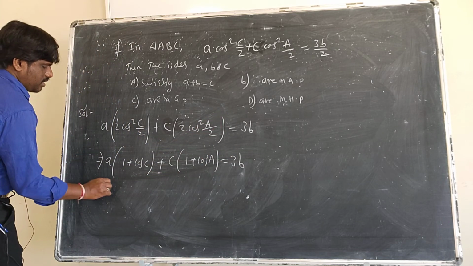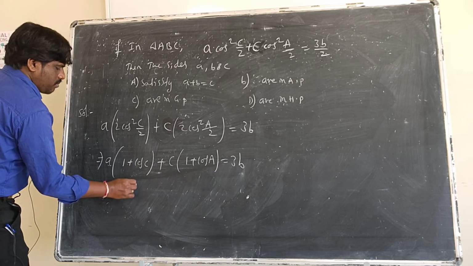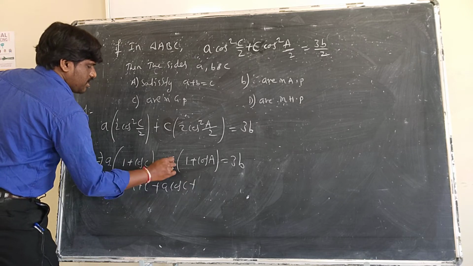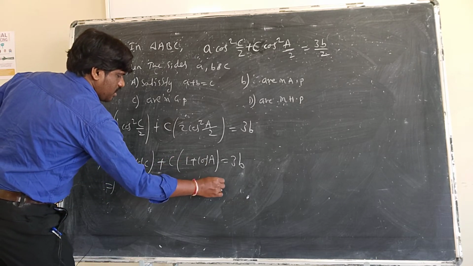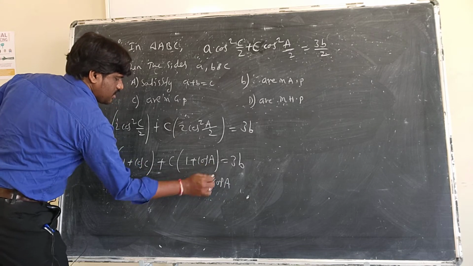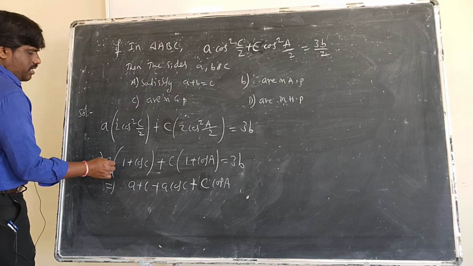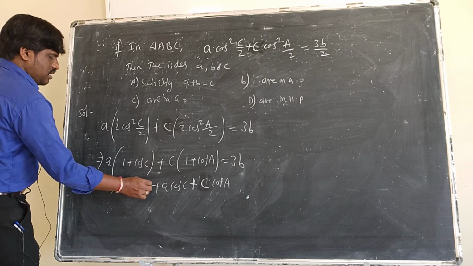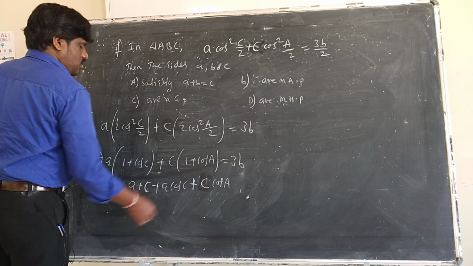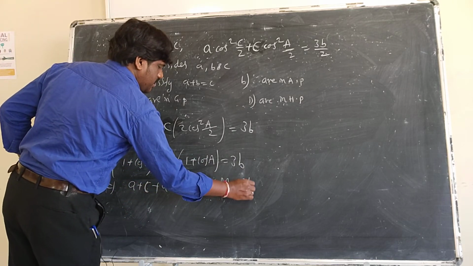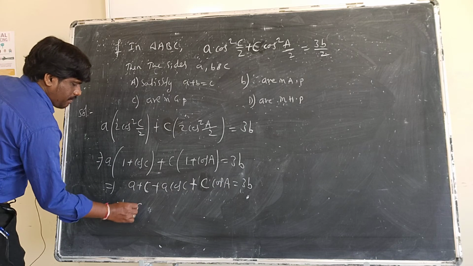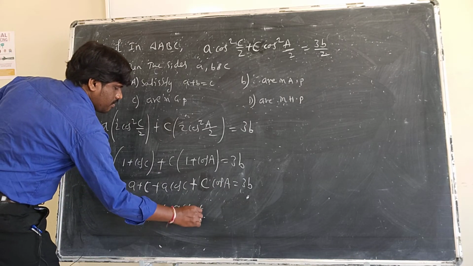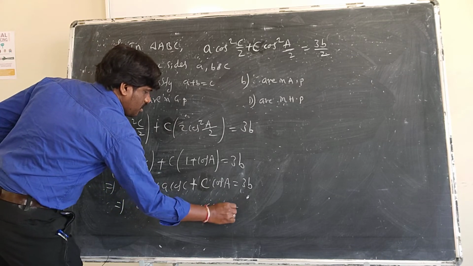So what I am going to get here is A plus C, plus A cos C plus C cos A. Here the A ones are A and A cos C, and the C ones are C and C cos A. I separated this: A plus C plus A cos C plus C cos A is equal to 3B.